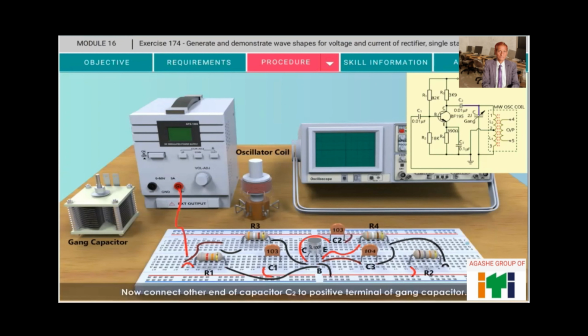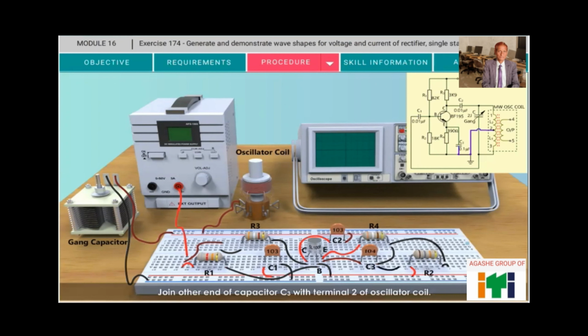Now connect other end of capacitor C2 to positive terminal of gang capacitor. Negative terminal of gang capacitor is connected with other end of capacitor C1. Now join the gang capacitor positive terminal with terminal 1 of oscillator coil.